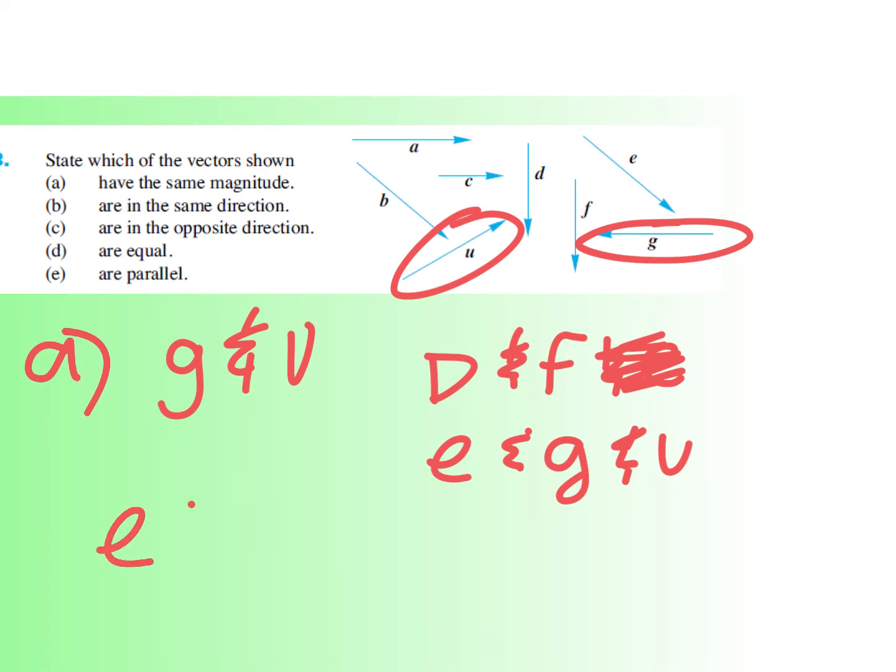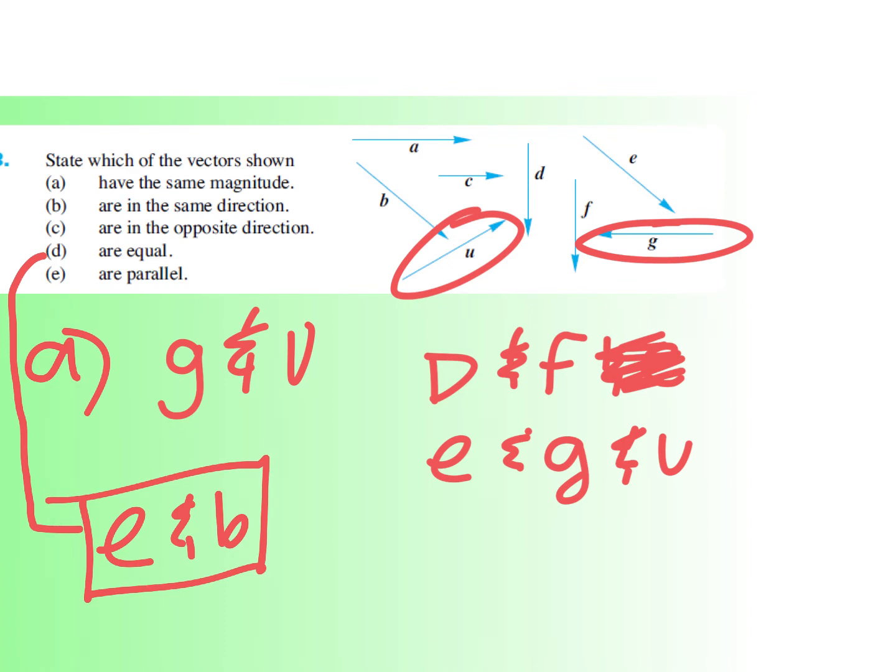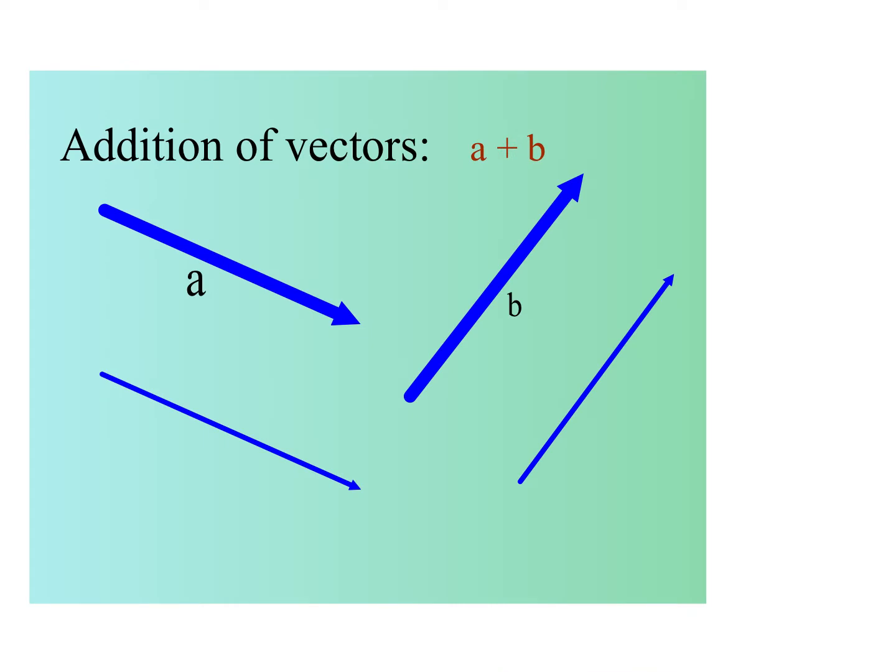So then E and B are equal. They are the same exact vector. E and B are, and so are D and F. But you had that under the same magnitude. Yeah, they were the same magnitude. And they're the same direction. So they're equal.